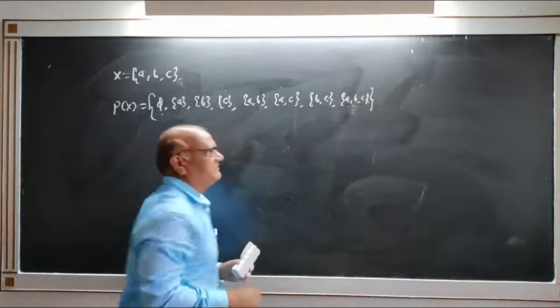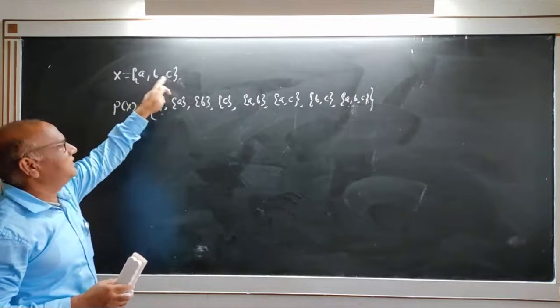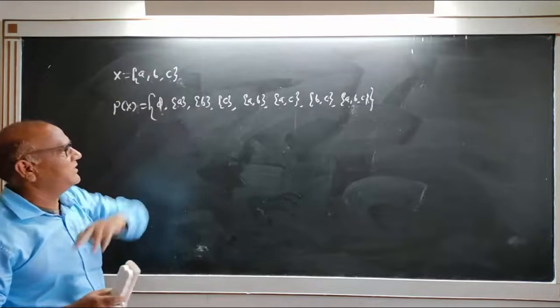That means X has 3 elements, so 2 cube, that means 8 elements. 1, 2, 3, 4, 8 elements.